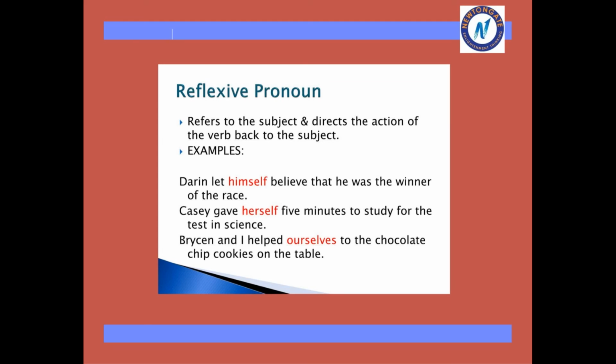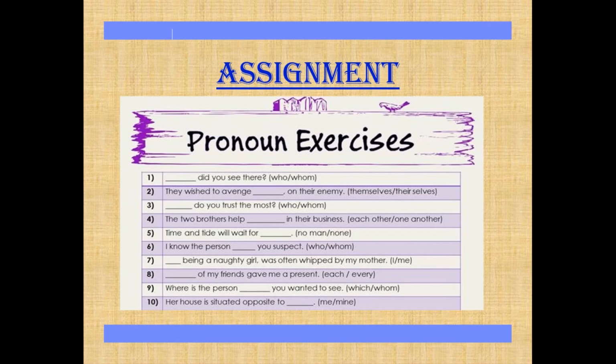Example: Darren let himself believe that he was the winner of the race. Means, see, it refers to the subject and directs the action of the verb back to the subject. Darren is himself telling that he was the winner of the race. You are telling about yourself. For that reason, that is a reflexive pronoun.